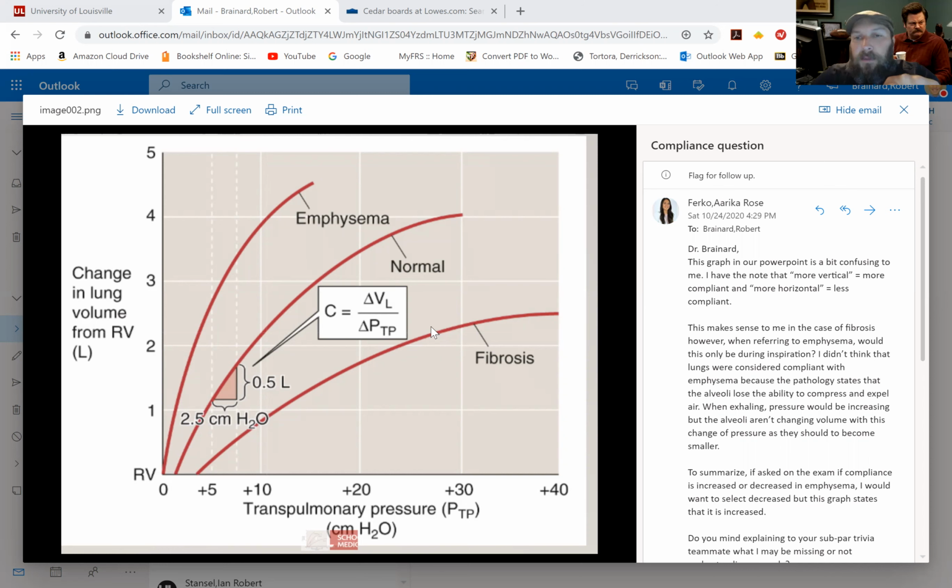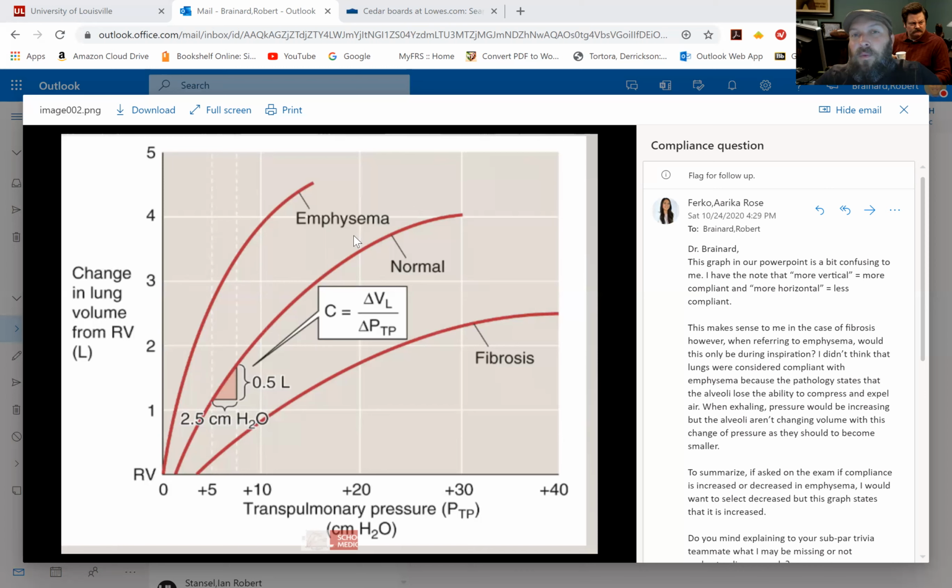So with emphysema, typically your compliance, it depends on what you're looking at though. Where you're looking at lower lung volumes right here, at like 2 or 3, the compliance is really, really high. We see that. But as you increase lung volume with any of these disease states, with emphysema or fibrosis, we see a decreasing compliance.